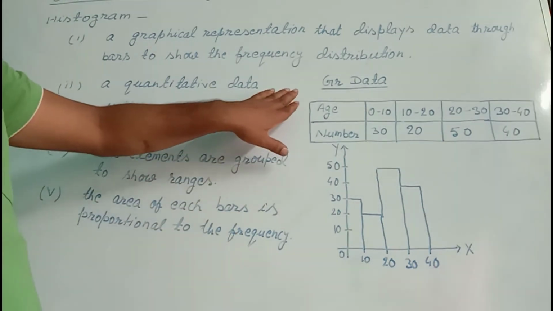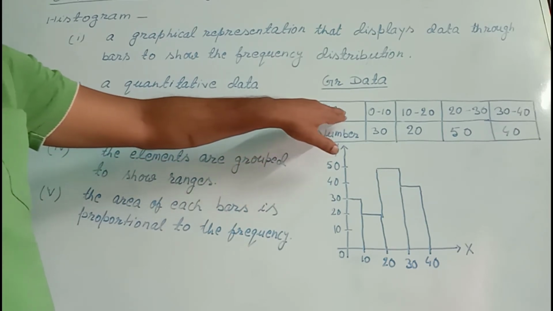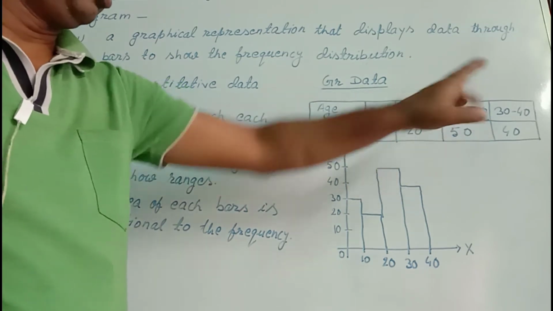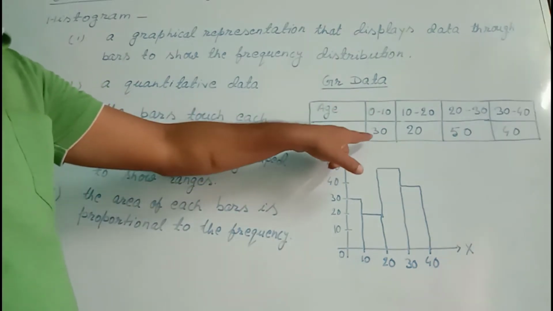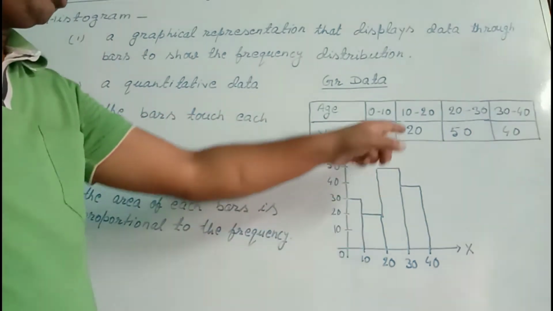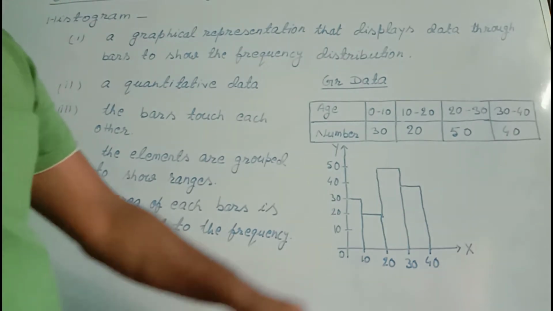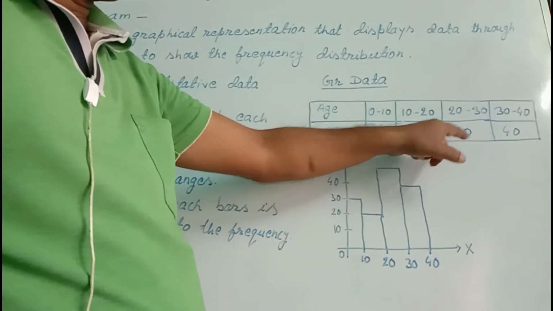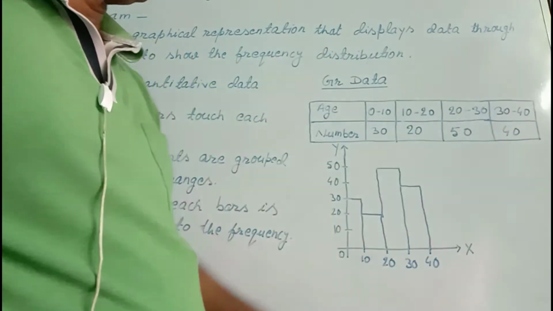This table is an example, showing the age of the people who had gone for a tour. The age between 0 to 10, the number of people was 30. Between 10 to 20, it was 20. Between 20 to 30, it was 50. And between 30 and 40, it was 40.